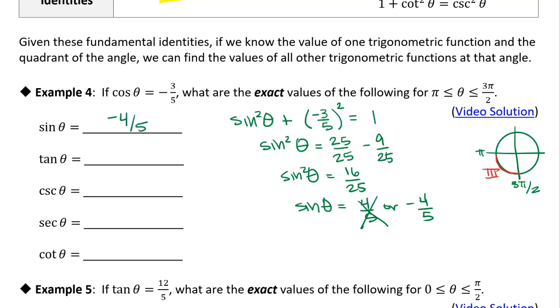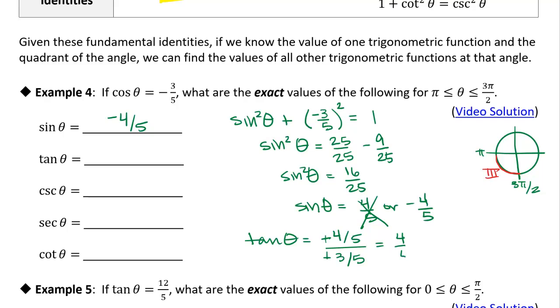Now let's do the tangent of theta. We know the tangent of theta is equal to the sine of theta, which is negative 4/5, over the cosine of theta, which is negative 3/5. Negative divided by negative is positive, so the negatives will cancel each other out.